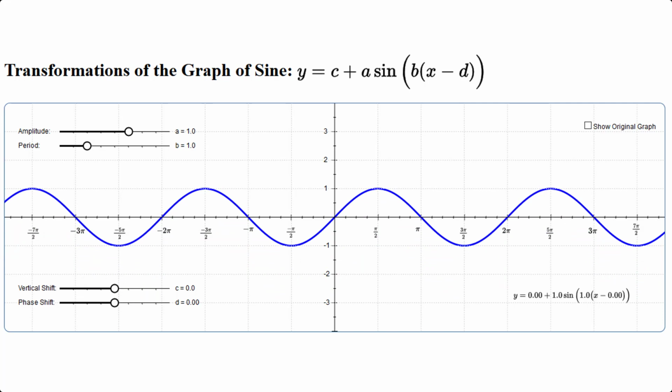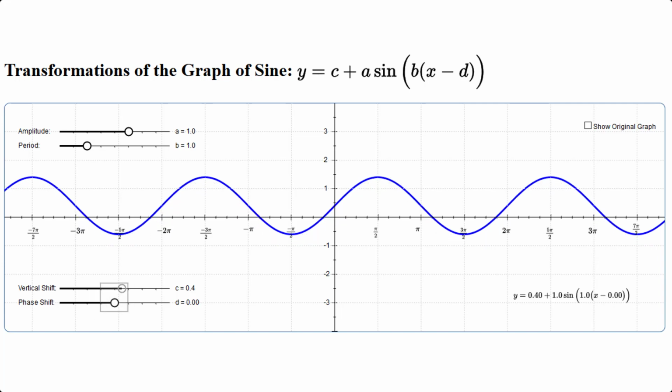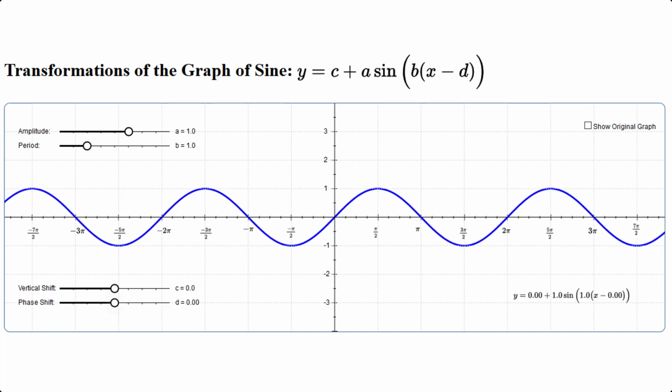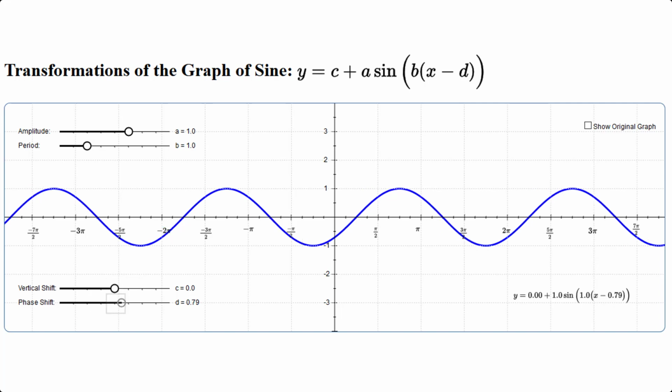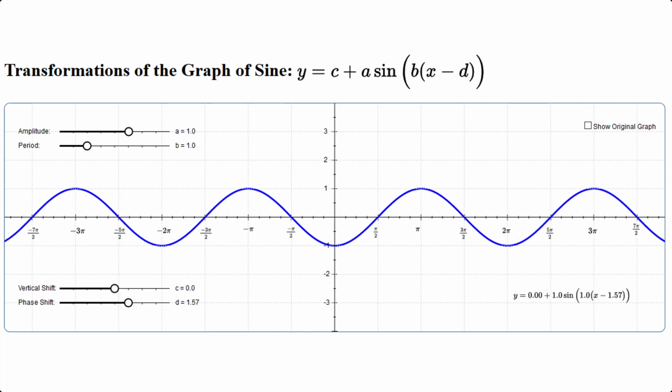Phase shift. Phase shift is essentially just as easy. It's just a shift to the left or right. If I move my phase shift to 1.57, which is approximately pi over 2, now my starting point for the standard wave is just pi over 2 units away from 0.